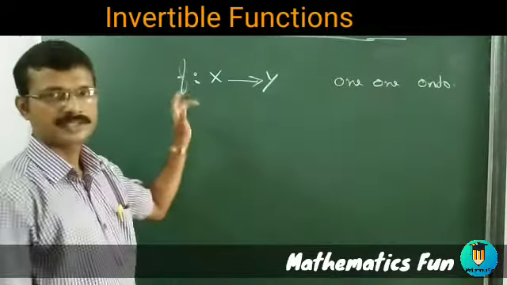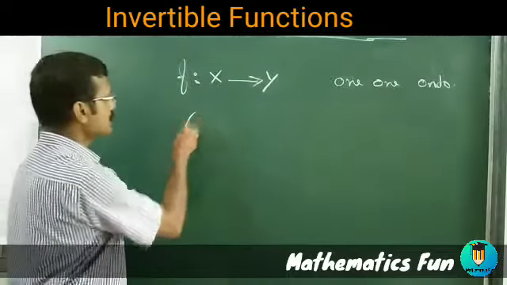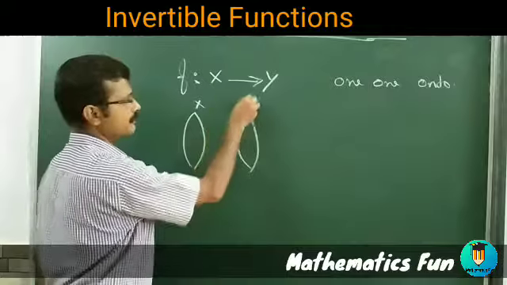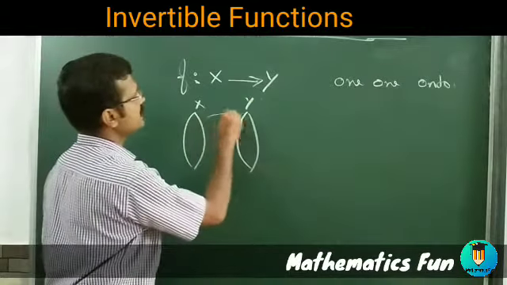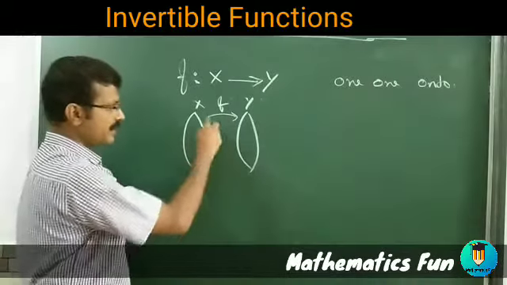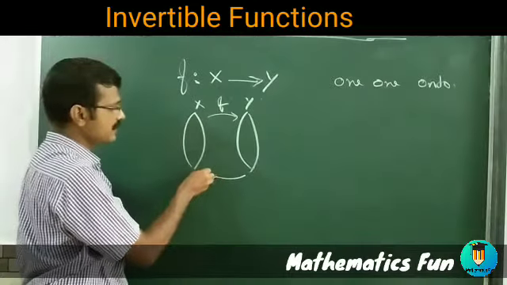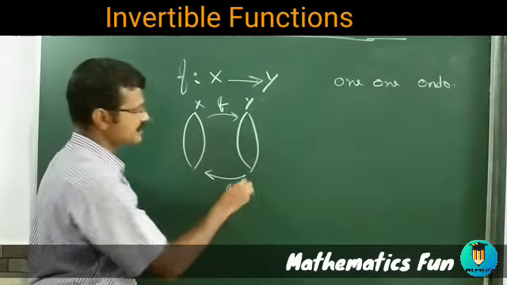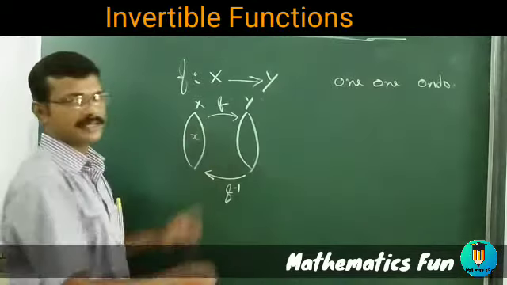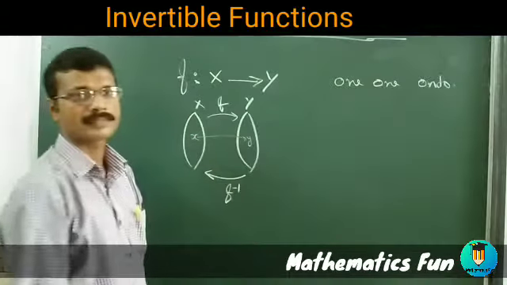Okay, so if I draw the corresponding Venn diagram of this part, see, the function f I have defined on the two sets X and Y. F is from X to Y. Naturally, since f is one-one and onto, f inverse is from Y to X. If I take an element x from X, the corresponding image is y.